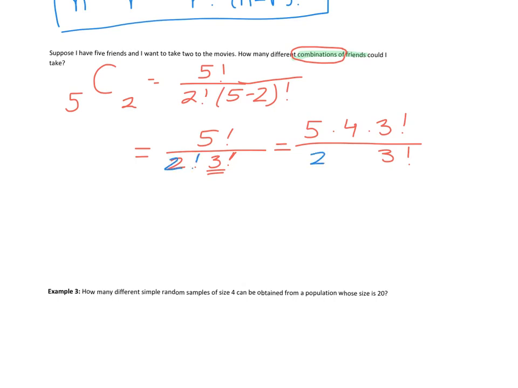It's just going to be 2 times 1. Let's get to canceling. 3 factorials go away. 4 and the 2, we have a common factor of 2. So we're left with 5 times 2 on the top and 1 on the bottom. So we have 10 different groups.